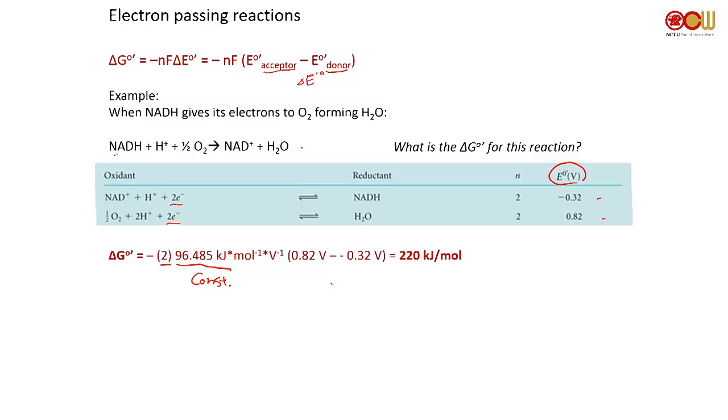You take the E naught of the acceptor, and the acceptor in this case is O2, which is receiving electrons, minus the standard reduction potential of NAD. You convert that, it becomes positive, and if you do that calculation, what you get is about 220 kilojoules per mole of NADH converted to molecular oxygen.